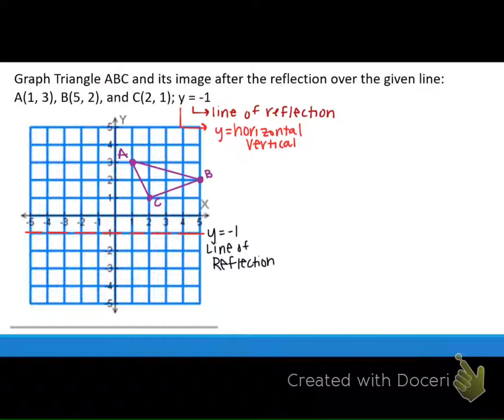Okay, so here's how this reflection is going to work. How many away from this line is A? How many away from this line is A?